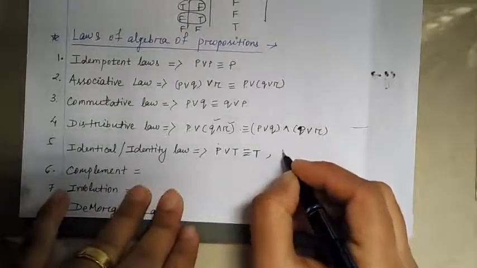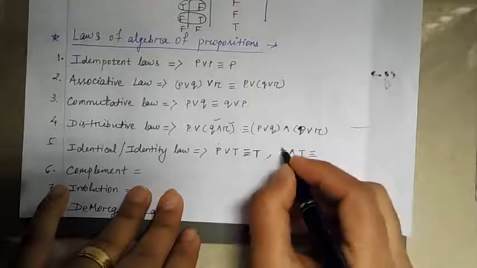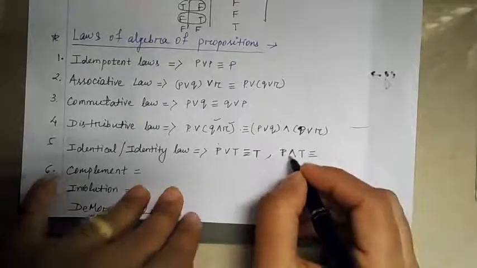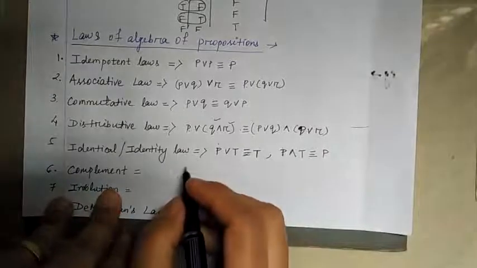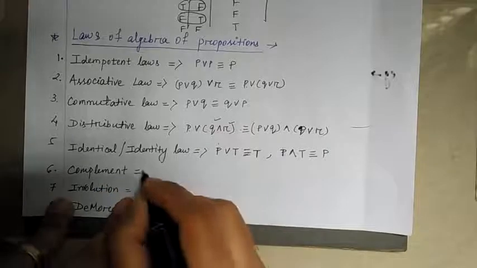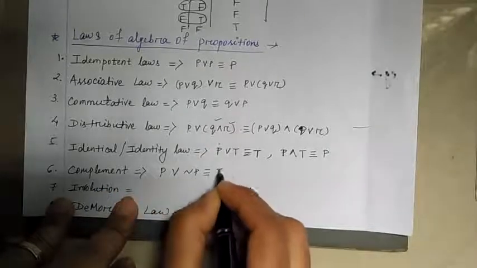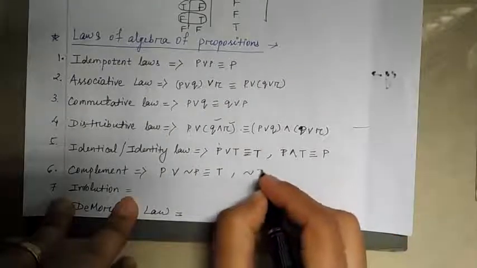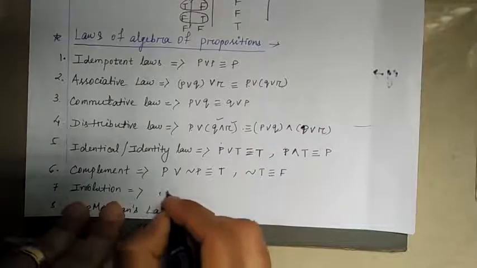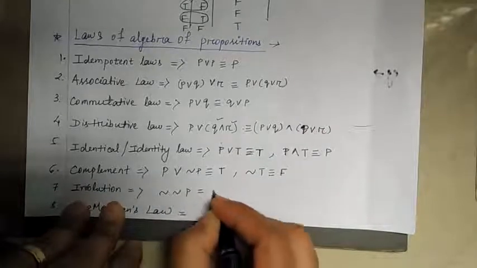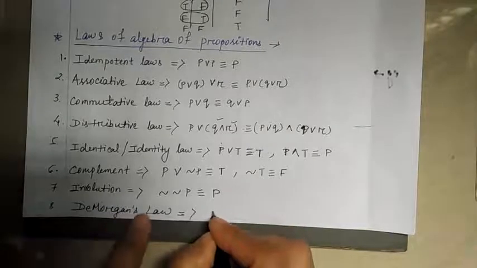But if you have taken P and T, then it depends on P. If it is true, then it will be true, or if it is false, then it will be false. So this value will be P. Next is complement law. Complement means P or negation P will always give you true, or you can say negation of true is always false. Then involution law, that is complement of complement, or you can say negation of negation, that will be equal to P.